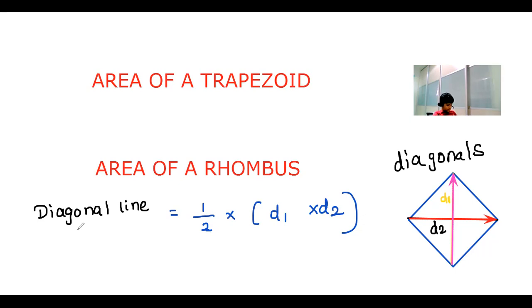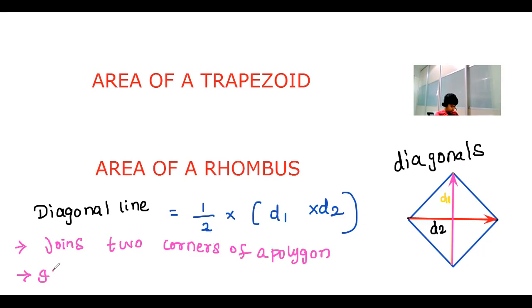Please note down the explanation for diagonal line. A diagonal line joins two corners of a polygon, or any shape, and it goes through the middle of a shape.